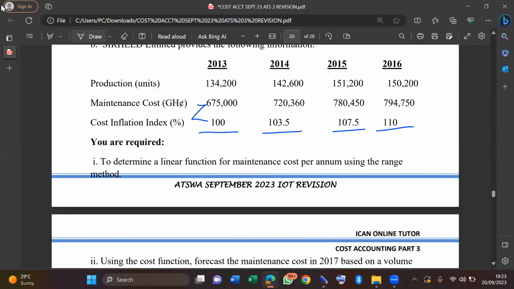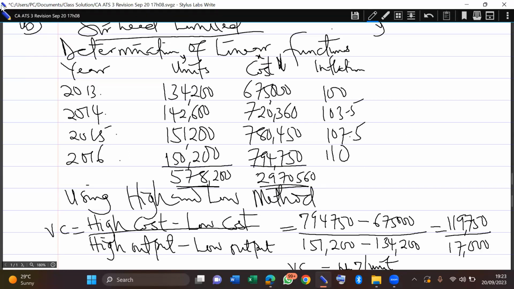It will be your cost after adjusting for inflation. Just call it cost adjustment. Because they've given us inflation, we're not supposed to use the actual cost.